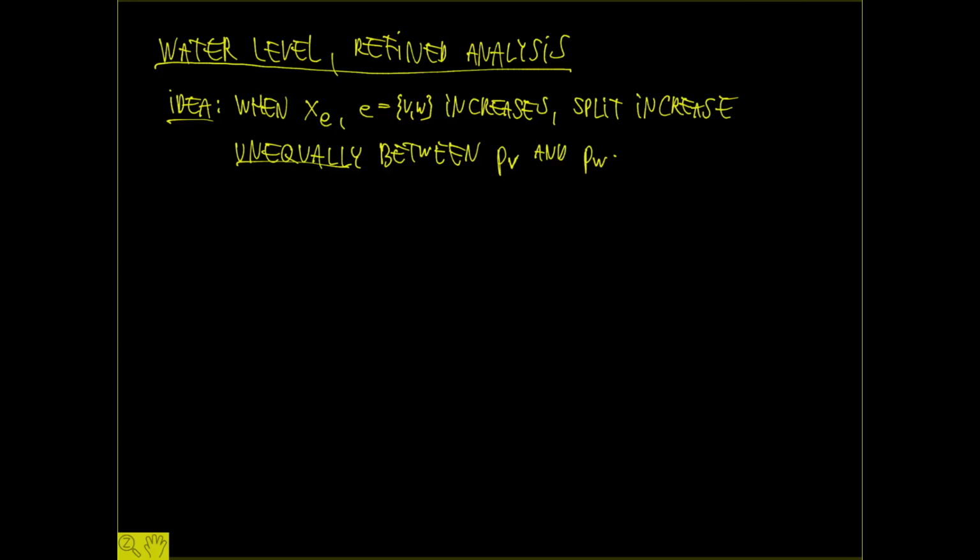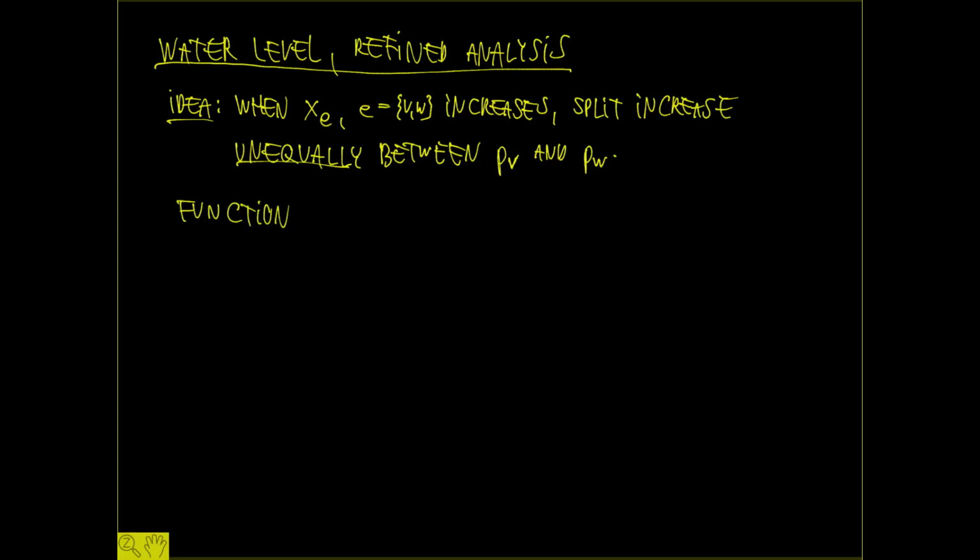We can think about increasing variables PV and PW as also pouring water into containers associated with those, and before we poured equal amounts into PV and PW and a total amount of 2 units of water. And now we hope that we will be able to get by pouring less water.